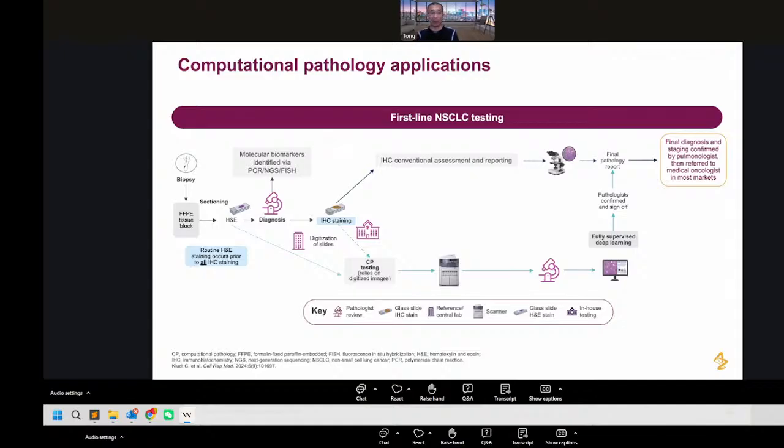They are doing this currently. It's still under development. Some of the data show it is very promising, while others still need further development. But this is the direction where AI-driven computational pathology is going.